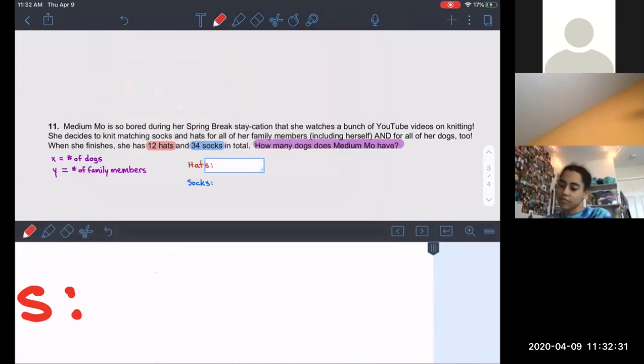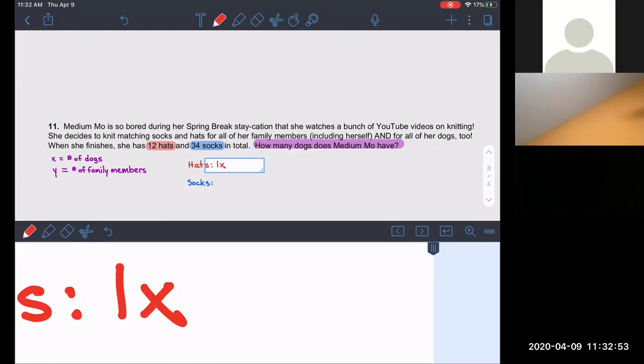So with the number of hats, you have to ask yourself, how many hats does a dog need? One. Okay, so to find the number of hats, we're just going to take the number of dogs and multiply that by 1. So 1x. And then what about family members? y equals the number of family members she has. How many hats does each family member need?